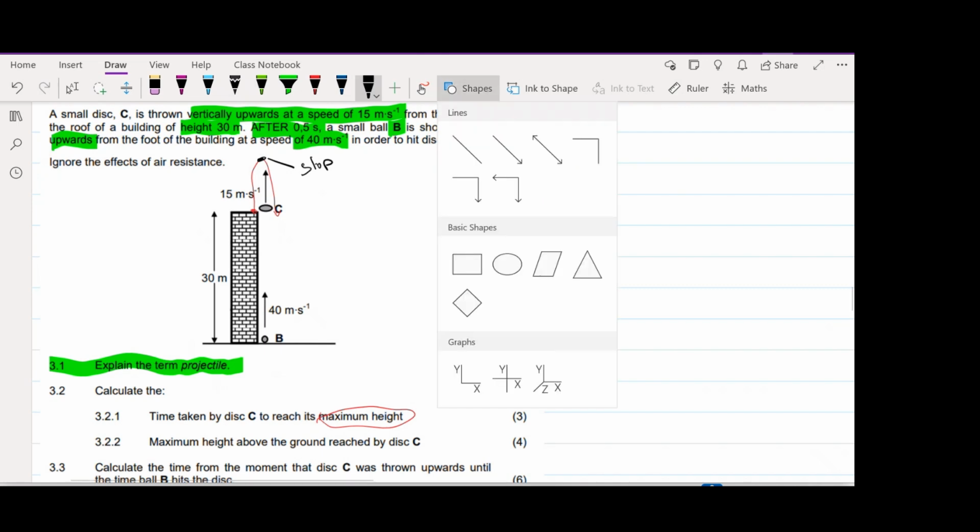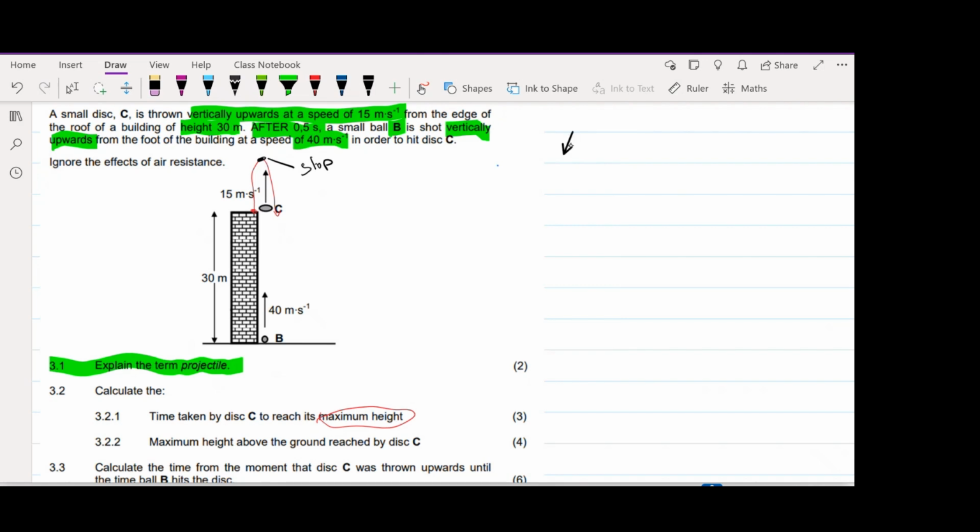Before you perform any of these calculations, I advise that you communicate to the examiner whether you are taking downwards as positive or upwards as positive. I'm just going to say taking downwards as positive. Remember why we are saying this: because we are dealing with vectors, we need to take into account direction in our calculations.